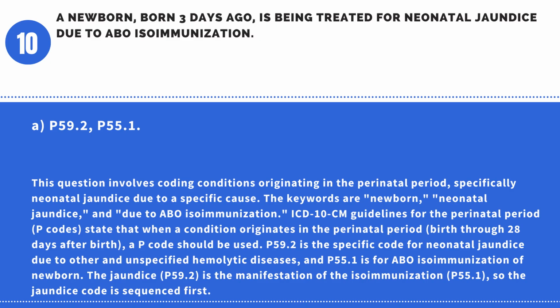P59.2 is the specific code for neonatal jaundice due to other and unspecified hemolytic diseases, and P55.1 is for ABO isoimmunization of newborn. The jaundice, P59.2, is the manifestation of the isoimmunization, P55.1, so the jaundice code is sequenced first.